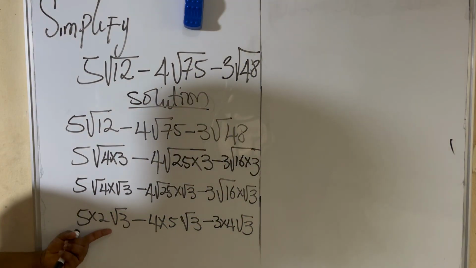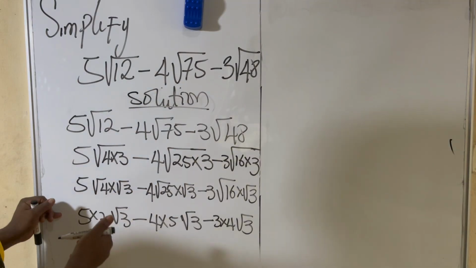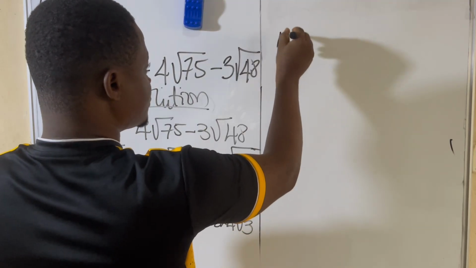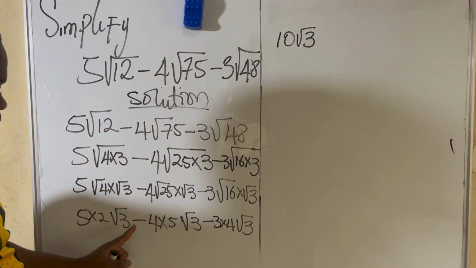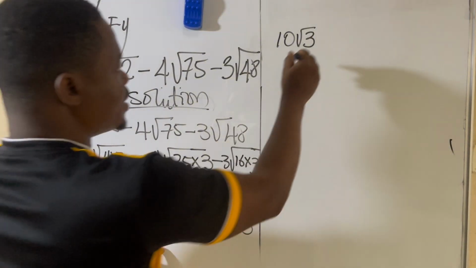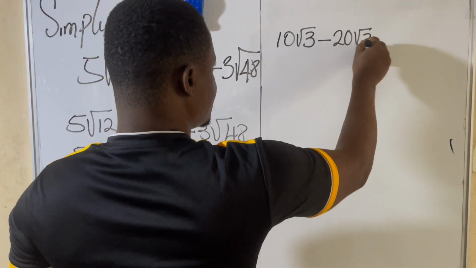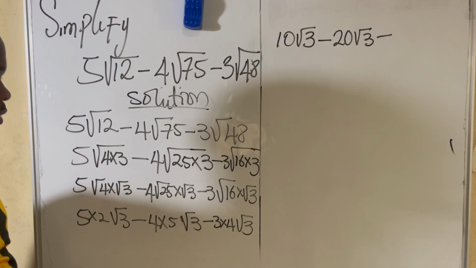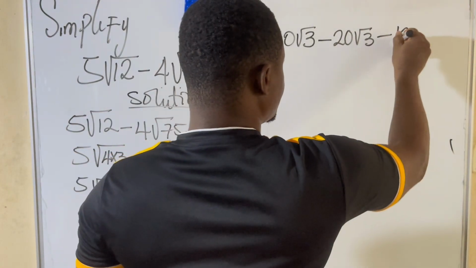Okay, since we have this, 5 times 2 is going to give us 10 root 3, minus 4 times 5 is 20, that is minus 20 root 3, minus 3 times 4 is 12, so we have 12 root 3.